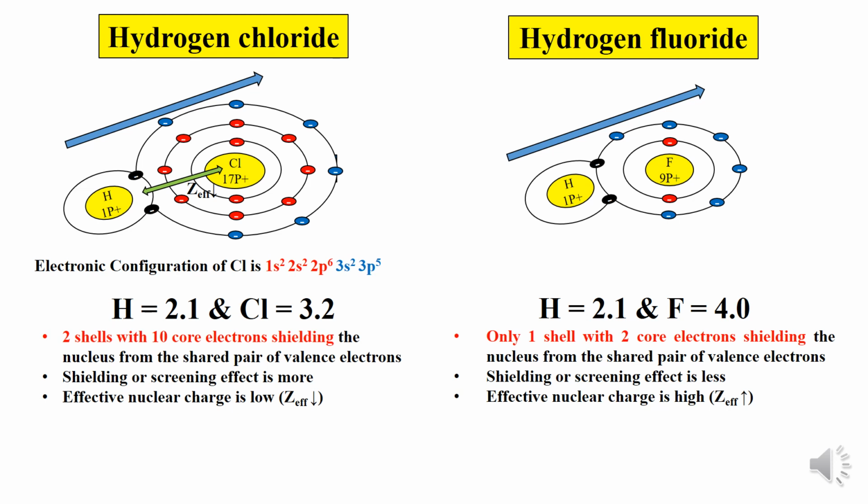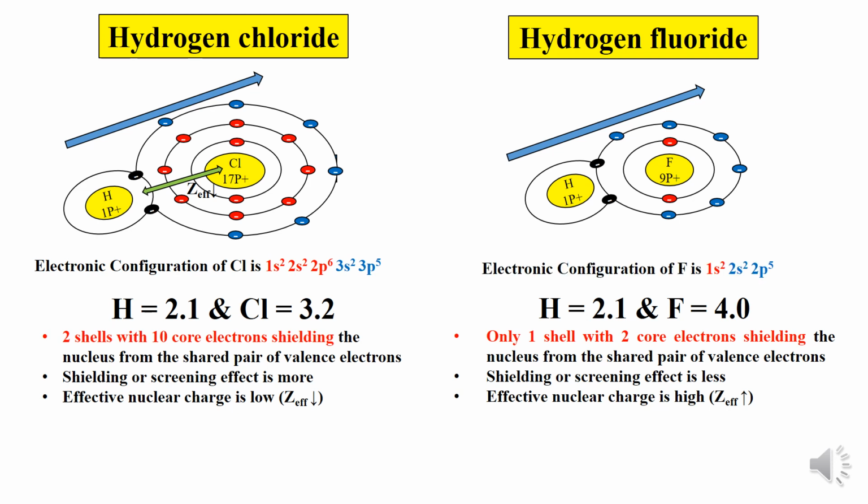And what about the hydrogen fluoride molecule? In the case of the hydrogen fluoride molecule, you find only one shell in the fluorine atom. If you observe the fluorine atom very closely in the hydrogen fluoride molecule, you will find it has only one inner shell with 2 core electrons. And these 2 core electrons present in the first shell shield the nucleus from the shared pair of valence electrons.